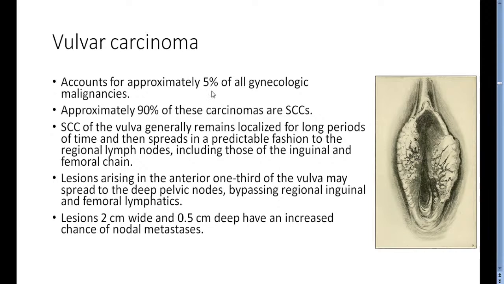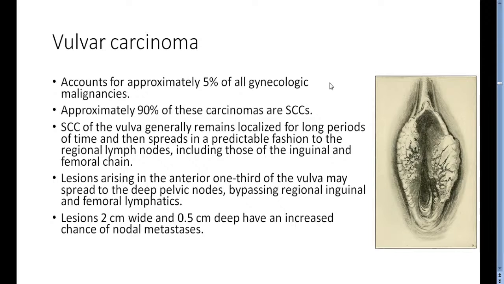Luckily, only 5% of gynecological malignancy is vulvar carcinoma. Approximately 90% of these carcinomas are squamous cell carcinomas. Squamous cell carcinoma of the vulva generally remains localized for long periods of time and then spreads in a predictable fashion to the regional lymph nodes, including the inguinal and femoral chain.